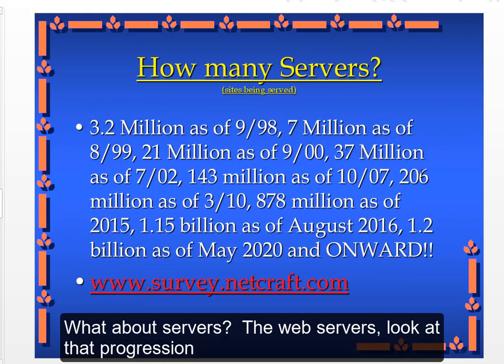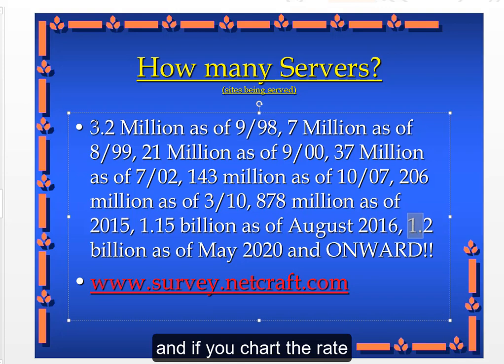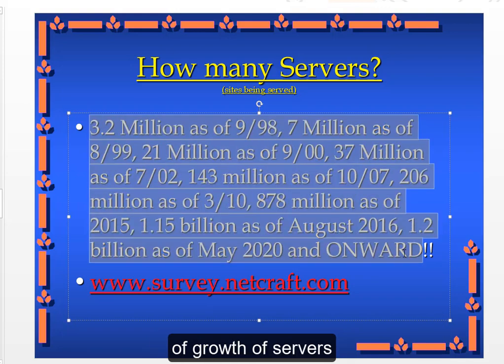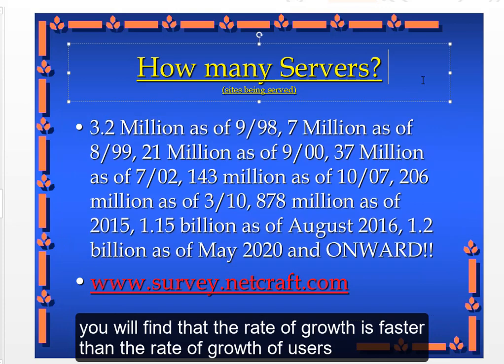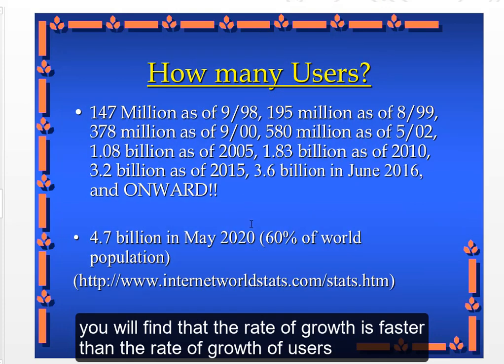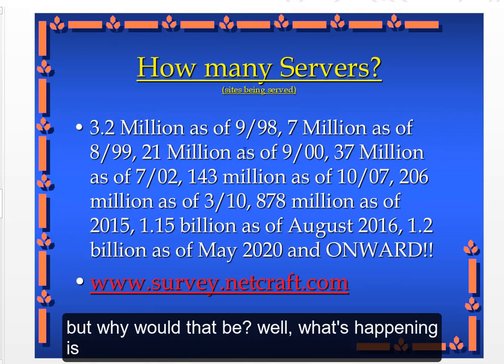What about servers? Those are the web servers. Look at that progression. And if you chart the rate of growth of servers, you will find that the rate of growth is faster than the rate of growth of users. Now, why would that be?